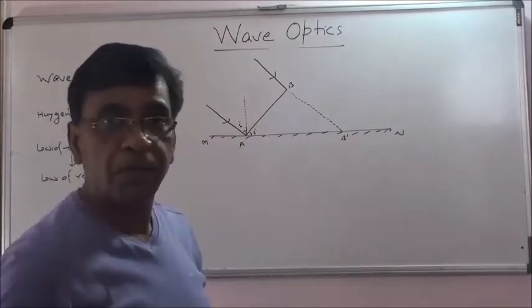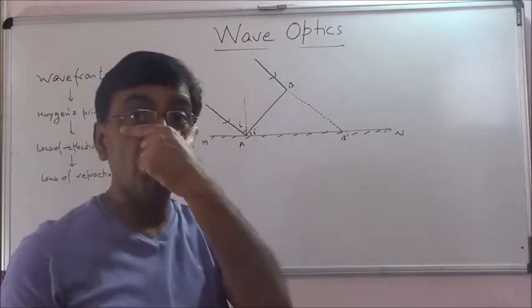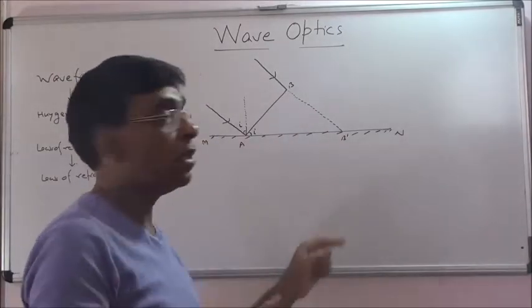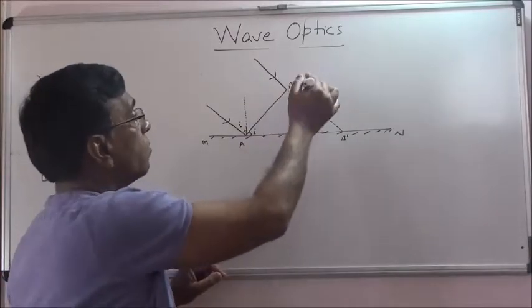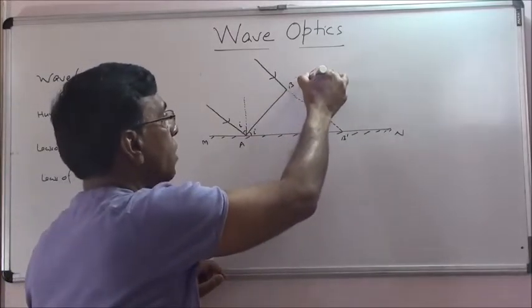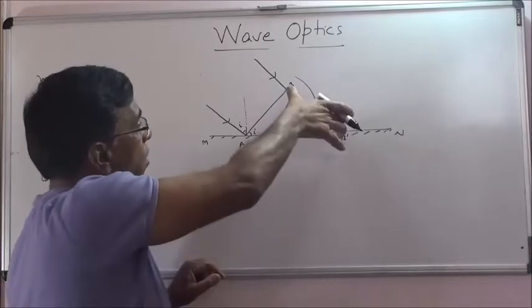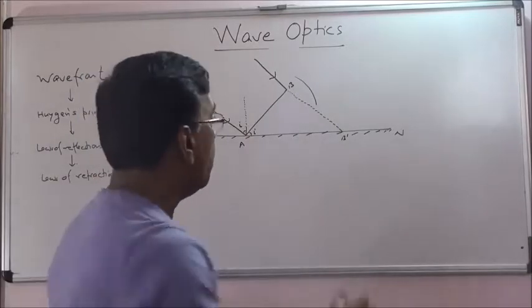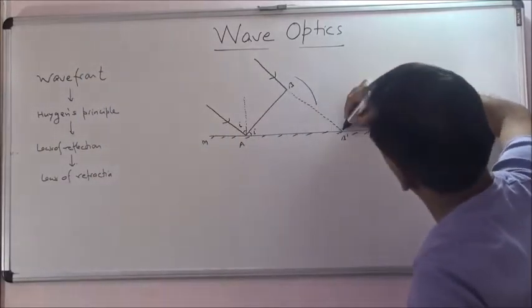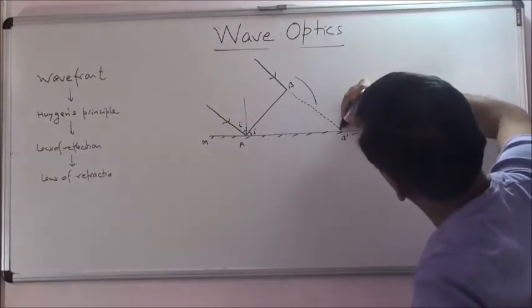So, how can we find the reflected wavefront, or the wavefront when B is at B dash? Take this much of radius and draw an arc. Let me say it is like this, this distance. I have drawn this arc, okay, and then draw a tangent to this from this point.